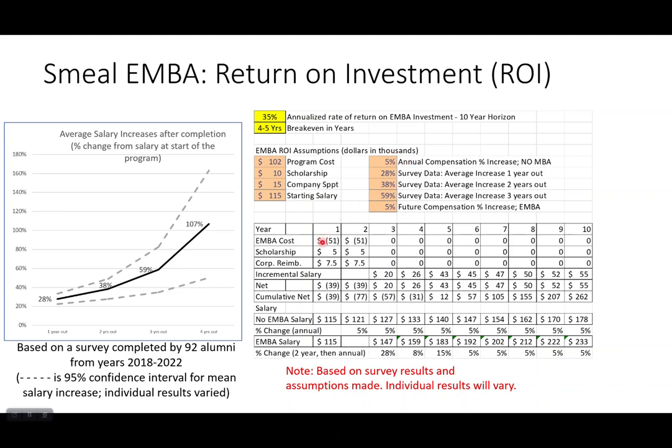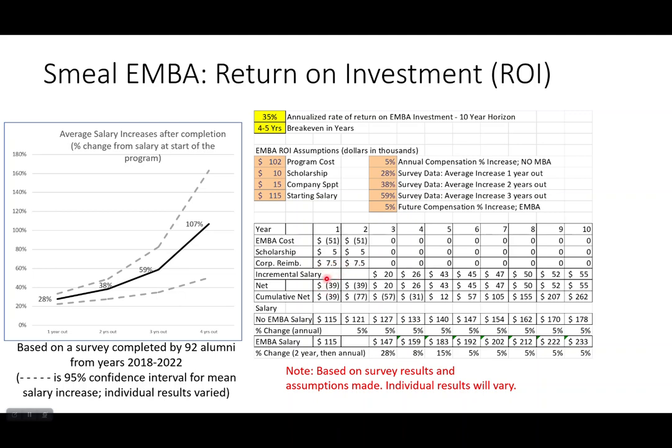So down here, I set up a little spreadsheet. This is some of the tools we'll use in my course, by the way, to try to identify cash flows and rates of return of different investments. What I did is I listed in year 1 and year 2, we split the $102,000 of EMBA program cost, and then the $10,000 scholarship was split between years 1 and 2, and then that $15,000 company support, I put in $7,500 per year.